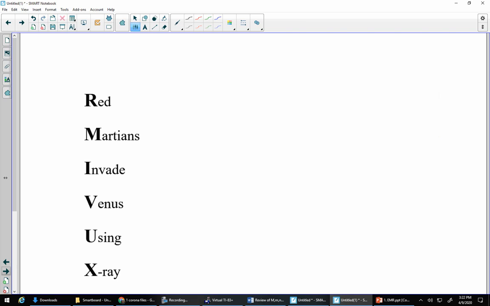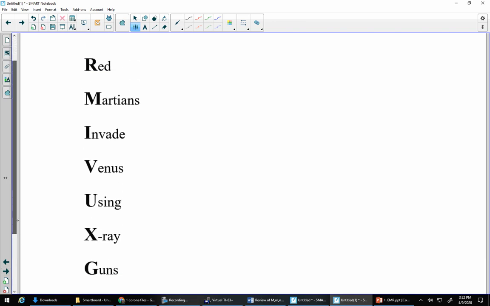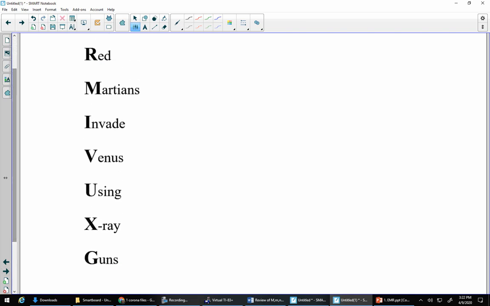Okay, so you do need to know the order of the electromagnetic spectrum. This is cute. You can say red Martians invade Venus using X-ray guns. So red for radio, Martians for microwave, invade for infrared, Venus for visible, or V for visible.